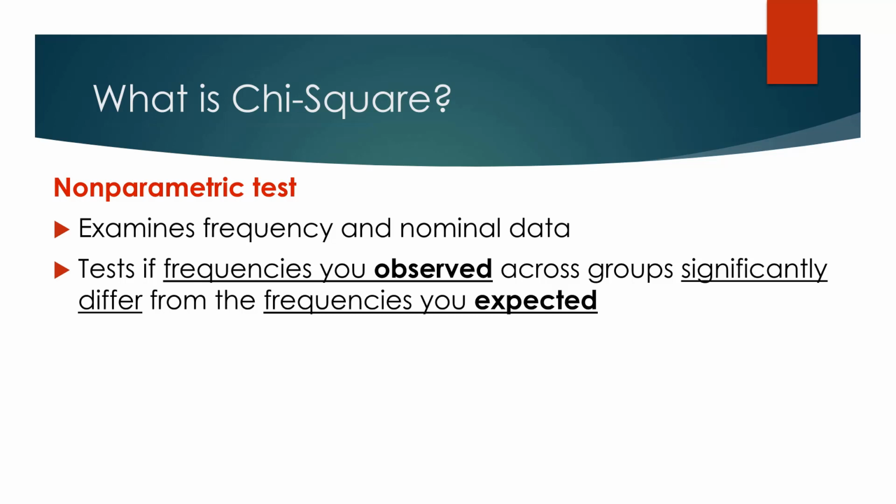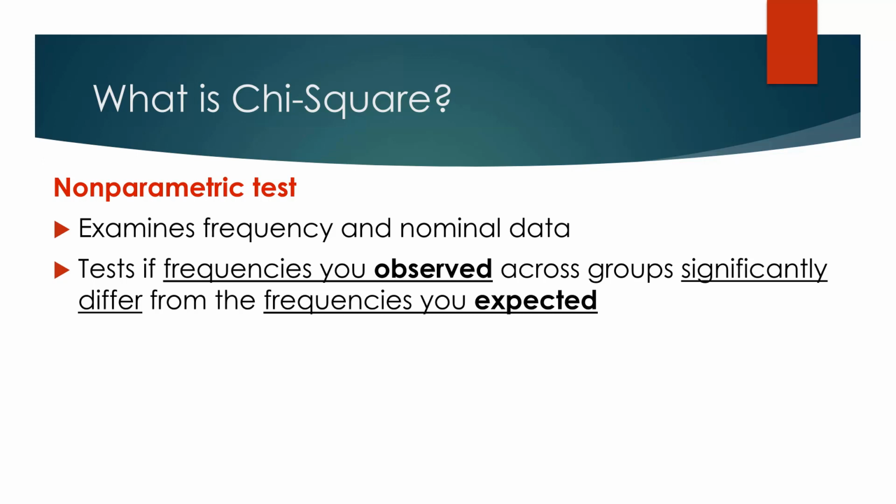Now, here's what the chi-square is really focusing on. It is testing to see if the frequencies, the amounts of data in each category that you actually gather, and the technical term here is the frequency data that you observe across your groups, is different from the frequencies that you may have expected to find.